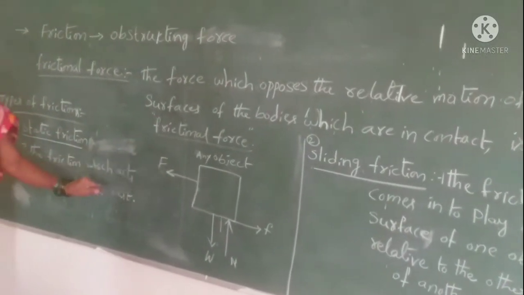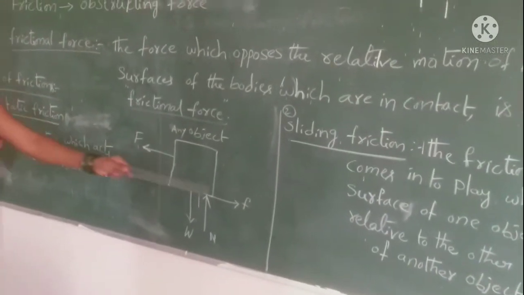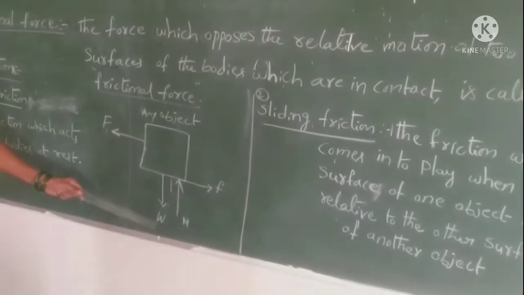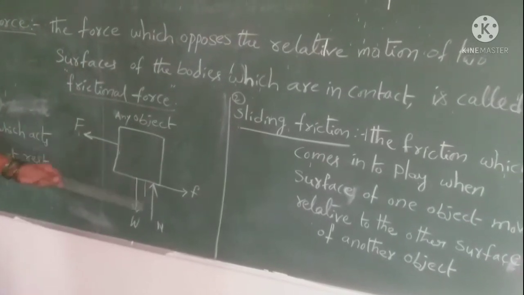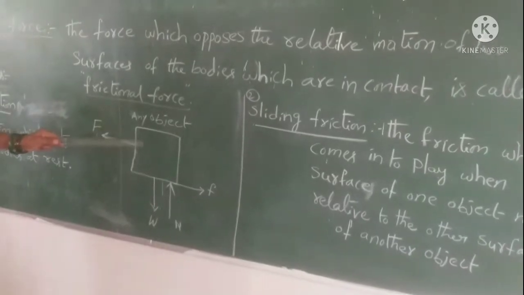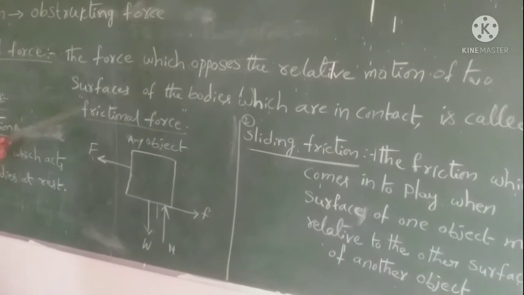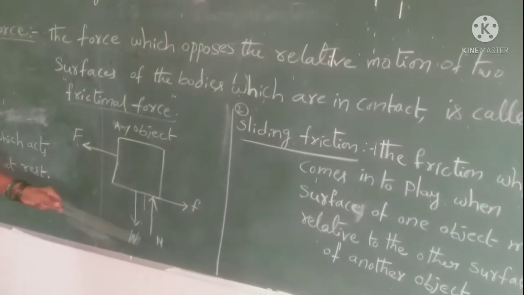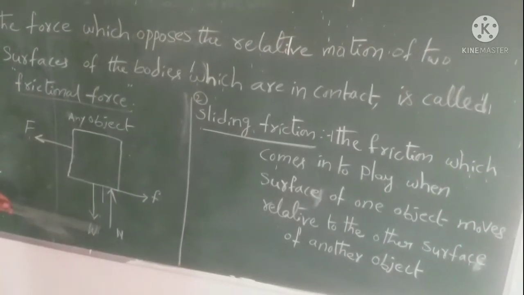The object has some forces: applied force, frictional force, weight of the object or gravitational force, and N, the normal force. These 4 forces act on the object. When the object is at rest, the applied force is equal to the frictional force, and the gravitational force is equal to the normal force.